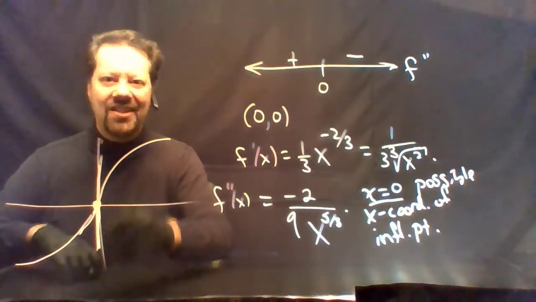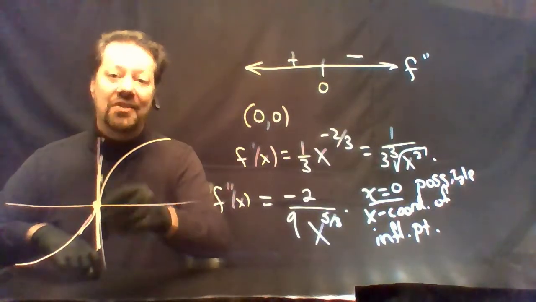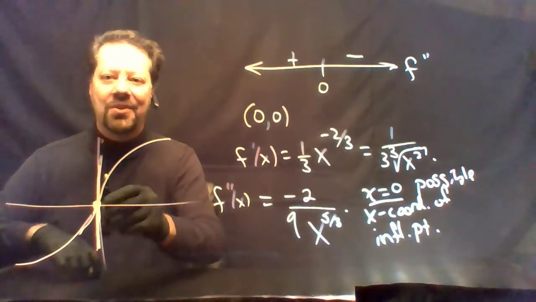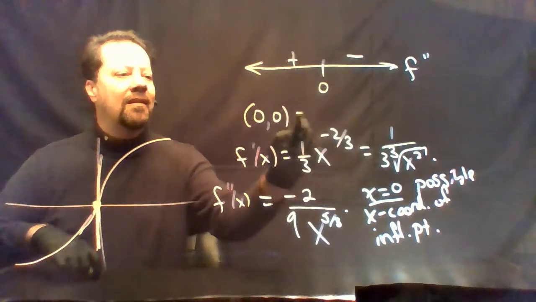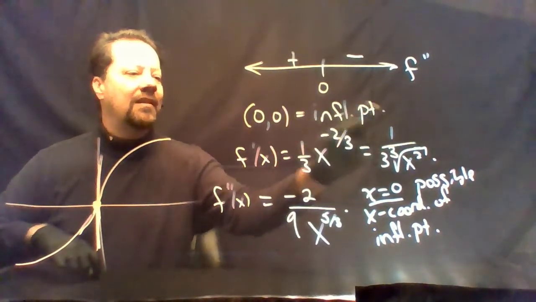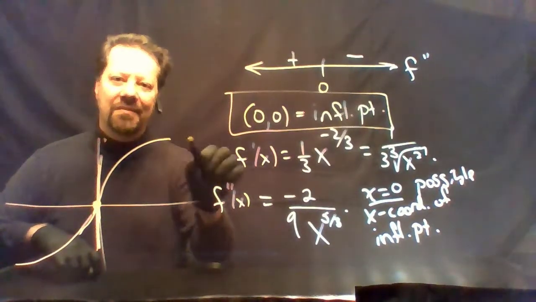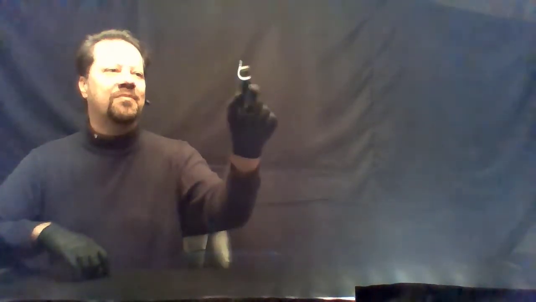You do. It just has a slope that's undefined. The tangent line exists, it is unique, and it goes straight up. You only have one inflection point, and it is at the origin, the place where the concavity changes. Let's look at another example.